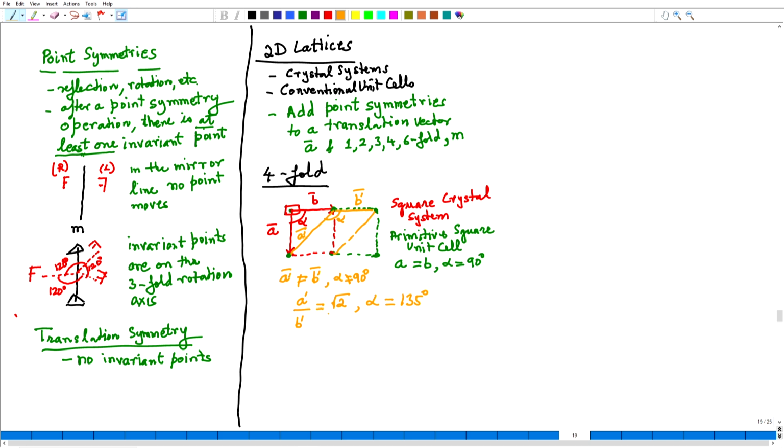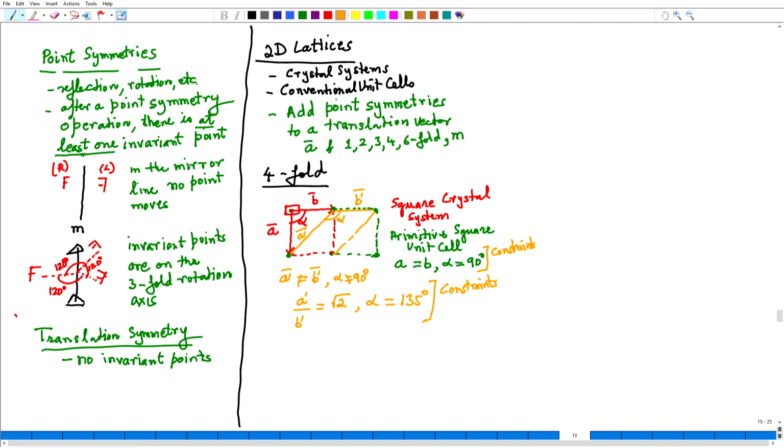So, even here there are constraints put on the lattice parameters or the unit cell parameters, and these are very specific constraints. And in the primitive square cell, these are the constraints. And these constraints are as a result of the fourfold rotational symmetry.